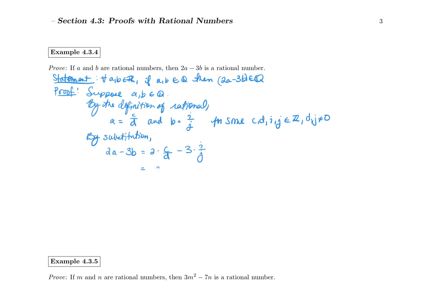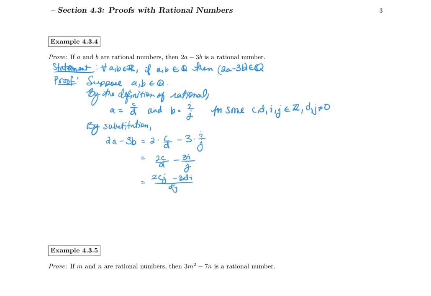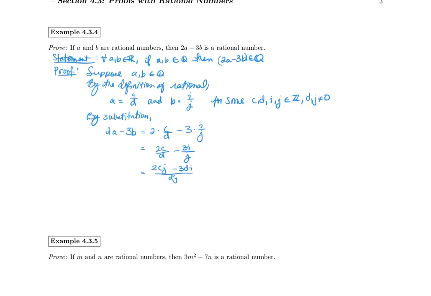So we end up with 2c over d minus 3i over j, which is 2cj minus 3di all over dj. So let's let p equal the numerator, 2cj minus 3di, and q equal the denominator, which is dj.